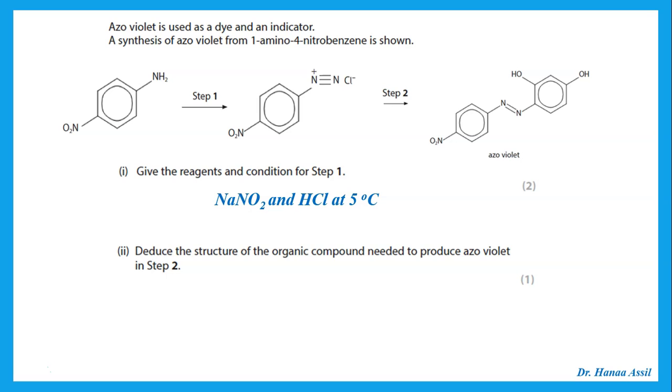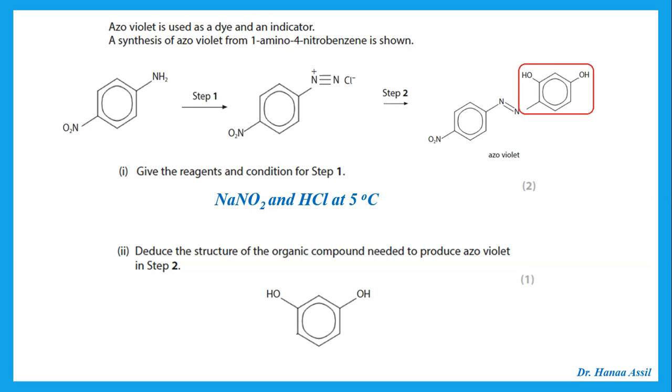Deduce the structure of the organic compound needed to produce that final azo dye. Again, what should I react with the diazonium salt in the middle in order to get that product, the azoviolet? Well, what part are we adding? We're adding this part, then that means I'm reacting it with this compound.